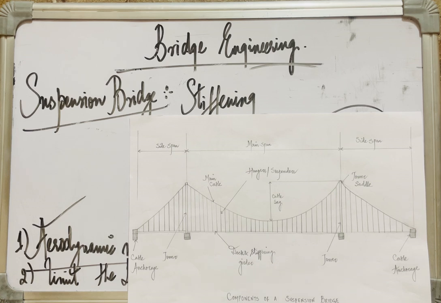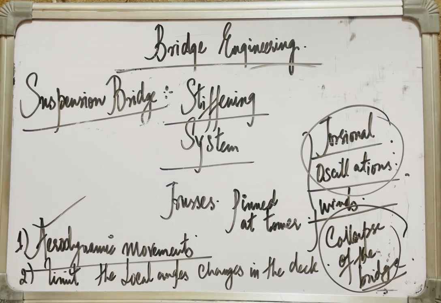And in case of suspension bridges, the torsional oscillations due to winds can be resisted by these box girders, and this forms the essential component of the deck and stiffening girder, wherein if our stiffening system is inadequate, it may lead to the collapse of our suspension bridge.